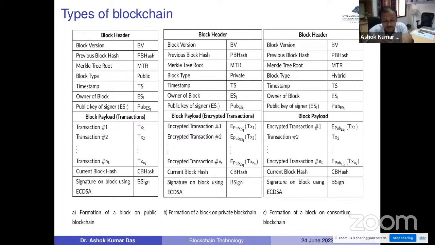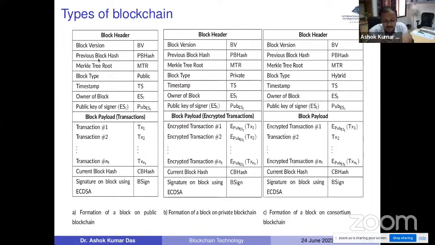This is how to form a block in the case of public blockchain, private blockchain, as well as consortium blockchain. Just like your IP header, we have the block header as well as the block payload. In the case of the public blockchain, we have the public header with the block version, which is a unique serial number.